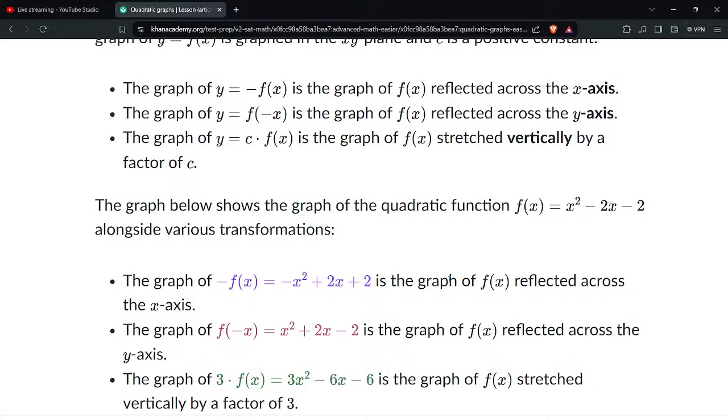The minus should be alongside x if it is inside. If the minus is not alongside x, then it's the x-axis reflection, and it goes downwards. So yeah.